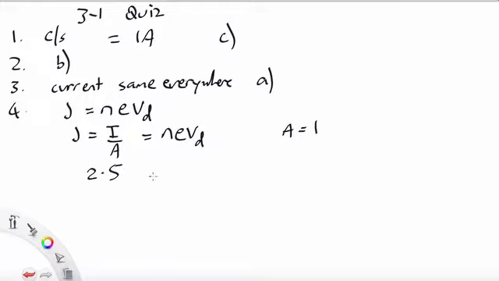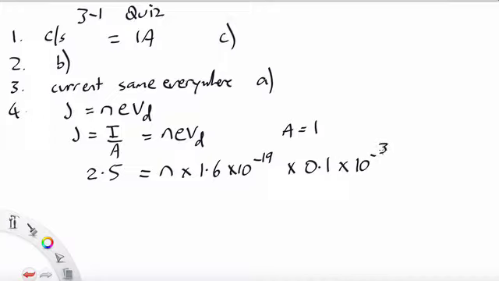So we can say that 2.5 equals the number per volume times the charge, 1.6 by 10 to the minus 19, times the drift speed, which is 0.1 millimeters per second, which is 0.1 by 10 to the minus 3 meters per second. So we end up with N equals 1.6 by 10 to the 23, and that was D.